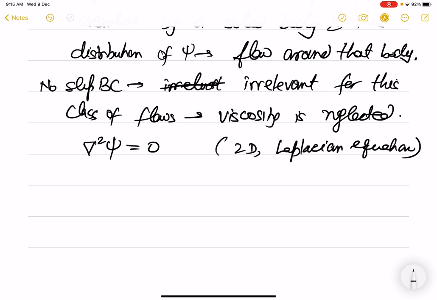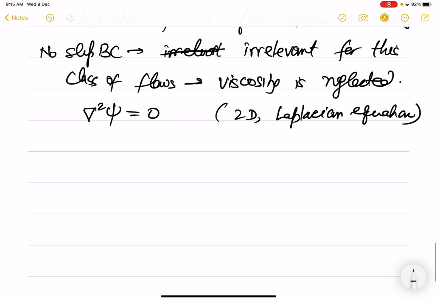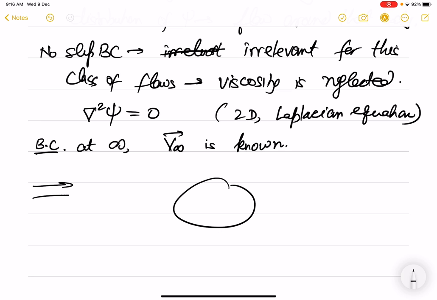So now in this, a typical boundary condition we come across is the boundary condition at infinity, where V infinity is known. Now V infinity would basically mean, for example, if we have flow past a cylinder and V infinity is like this.